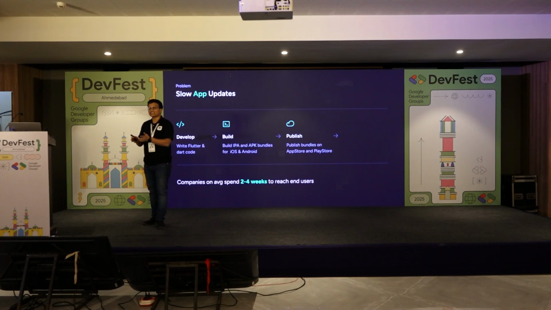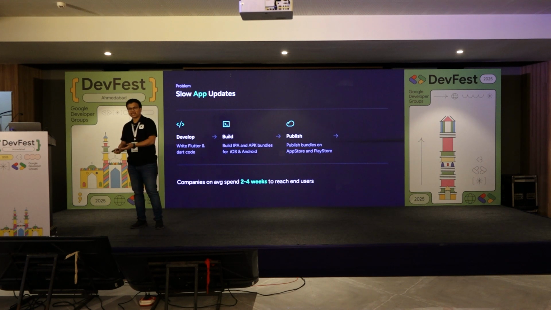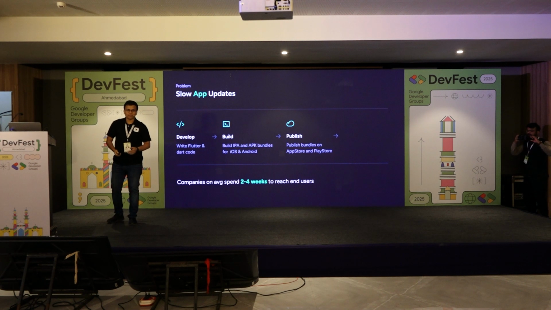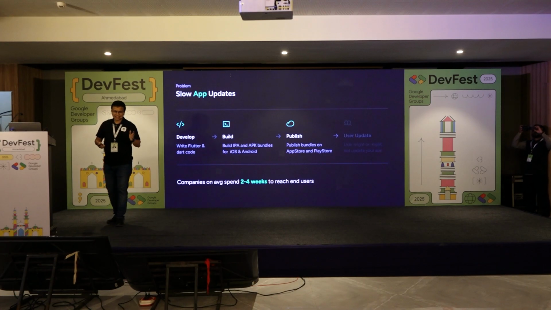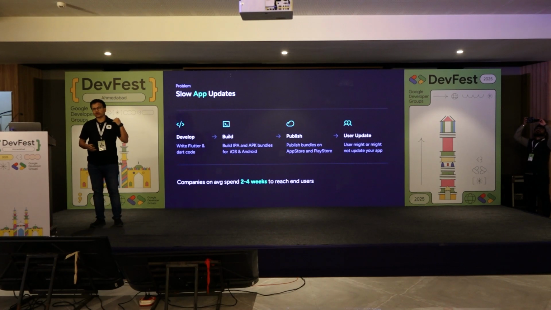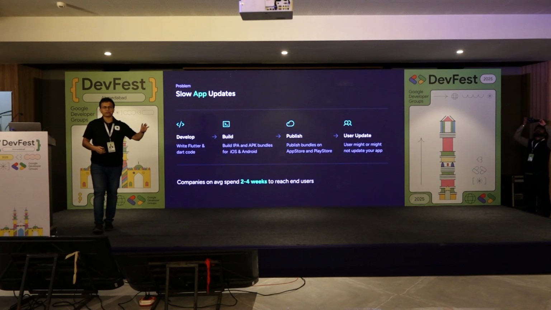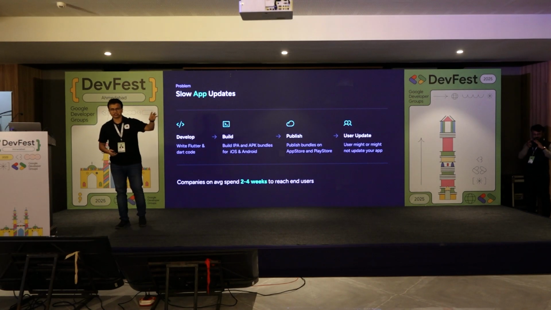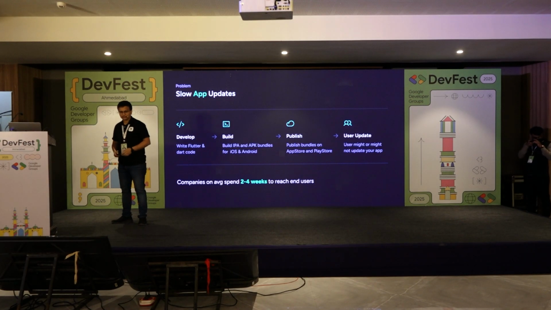Instead of showing the X amount, they were showing 100X amount. But now users are not updating the app, so they can sue them. So a lot of issues happened. Like I said, your apps will take 2 to 4 weeks, and even when it is out, it takes almost a month to get all the 100% of your users. Forget 100%, at least 70-80% of the users to get on your latest release.